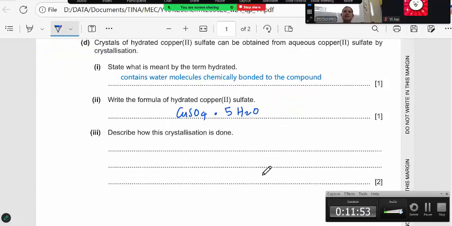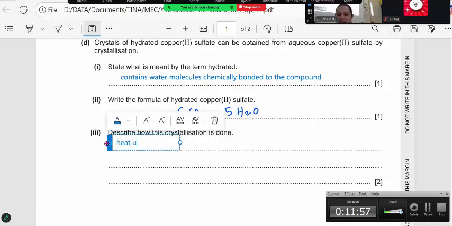Okay, describe how this crystallization is done. This one you should know, we've done many times. Heat until saturated.